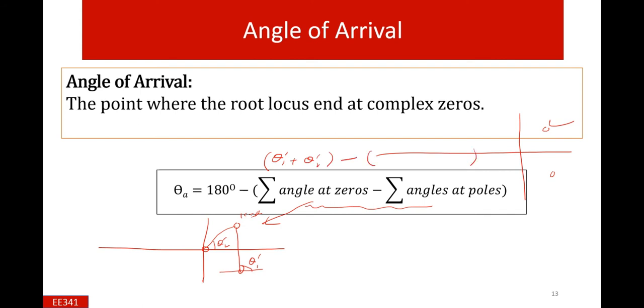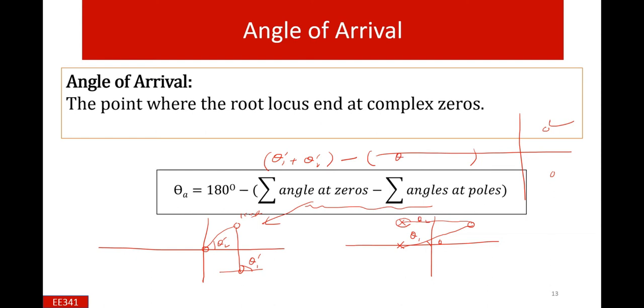So how to find the angles due to the poles? By considering that same zero. For example, we have two poles, one pole is here and the other pole is here, and connected by this one, and this is theta 1, and similarly this is the angle we have found here, and say it is theta 1 and this is theta 2.